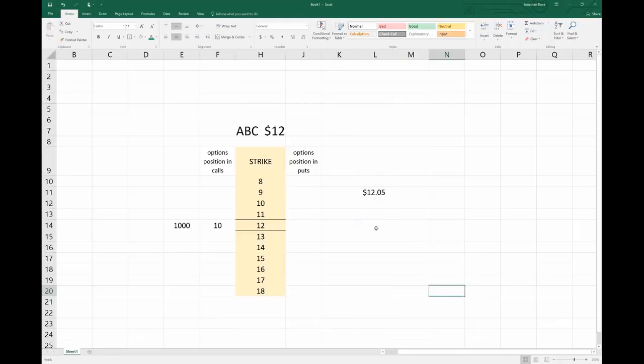So what I would do is sell 1,000 shares at 12.05. If I sold 1,000 shares, I'm locking in a nickel, okay, because I'm long from 12, short from 12.05. Now let's say the stock drops to 11.95.